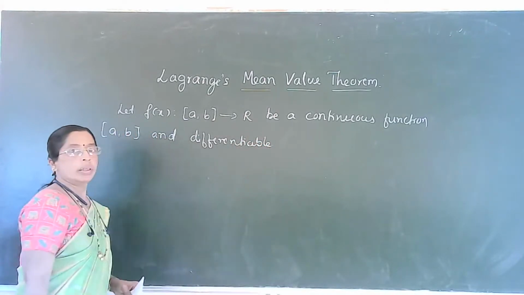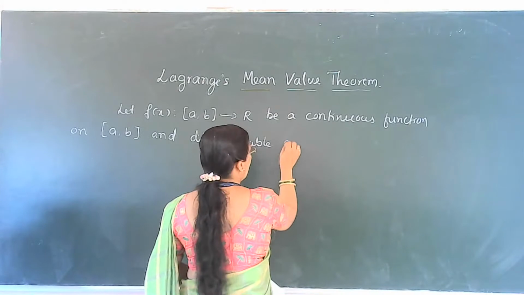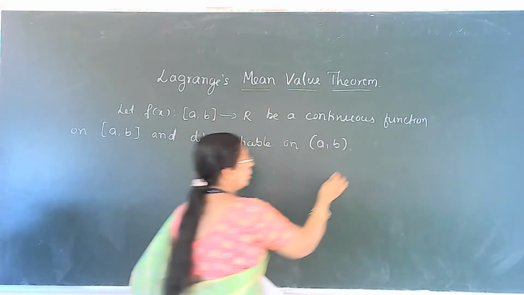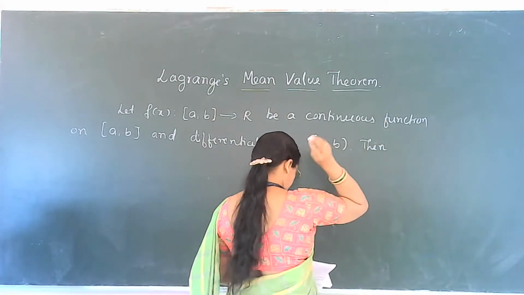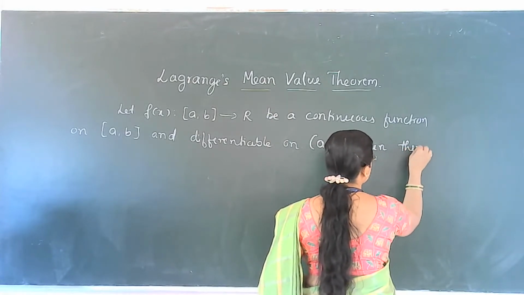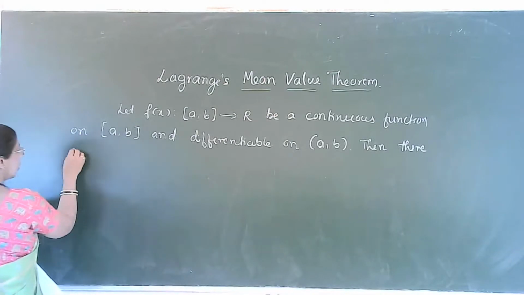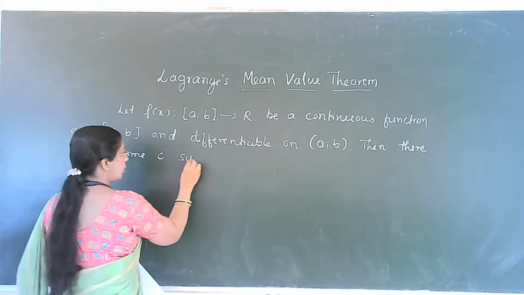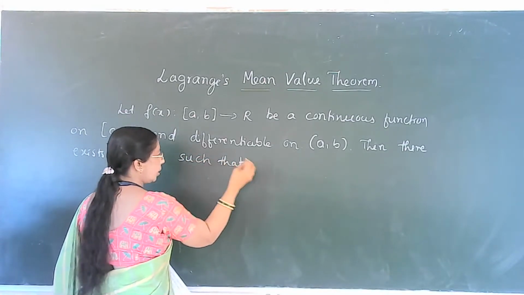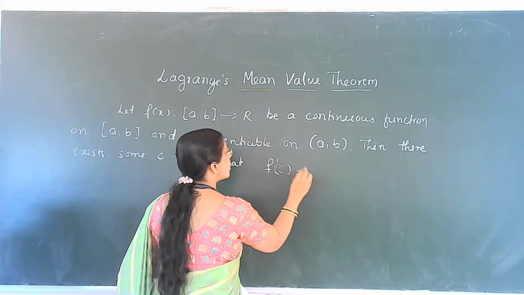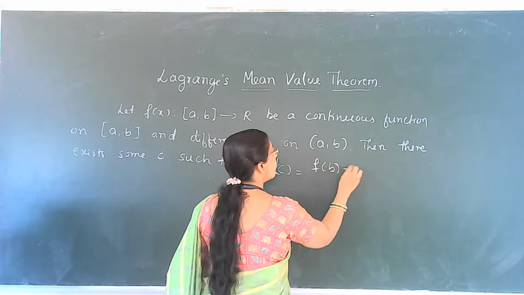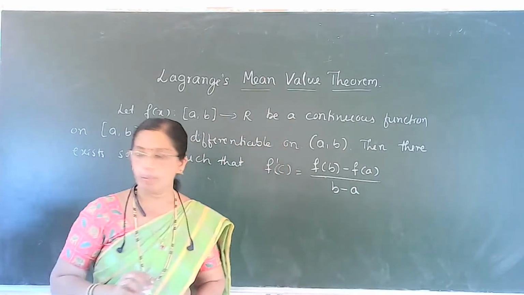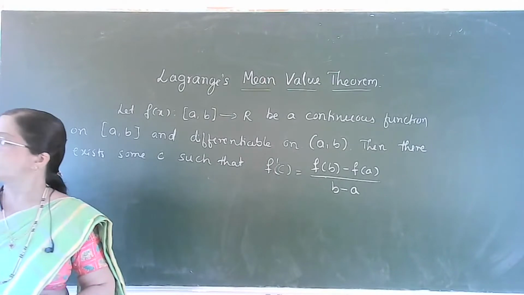These two conditions are also in Rolle's theorem. Then there exists some c such that f dash c is equal to f of b minus f of a divided by b minus a.